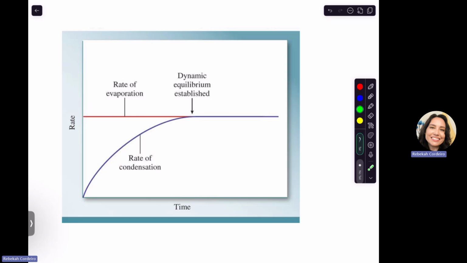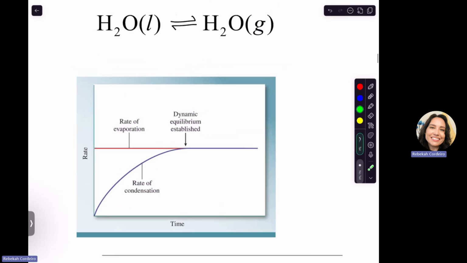If we start, our rate of condensation, which is gas to liquid, is very low because we don't have any gas. The rate of evaporation stays about the same. If we have liquid, it's going to turn into gas. The rate at which we're turning gas back into liquid is going to increase the more gas we make. The more gas we make, the faster it can turn into liquid. Then we get to a point where if one turns into gas, another turns into liquid, and we have a rate that's the same for both processes. We'll talk a little bit more about this in class, and hopefully it will make a little more sense.